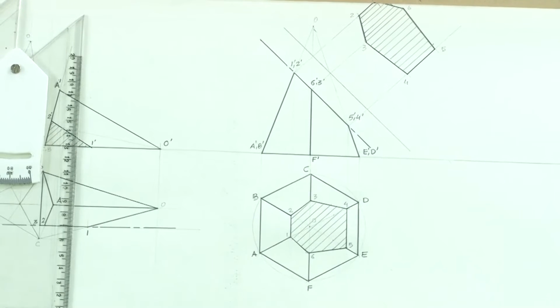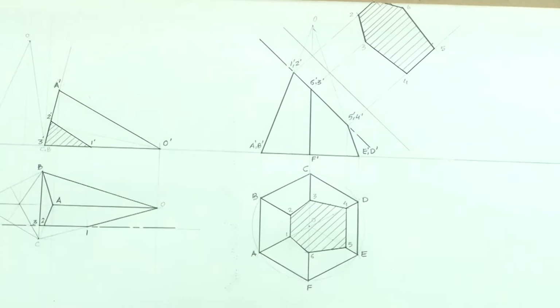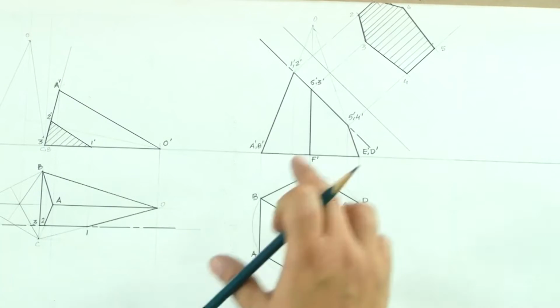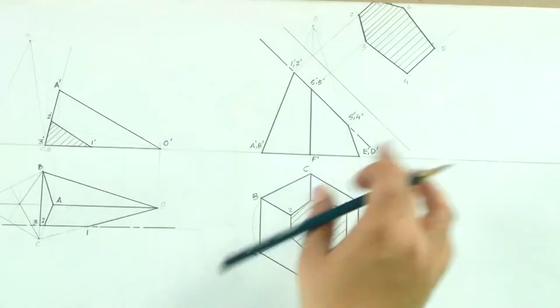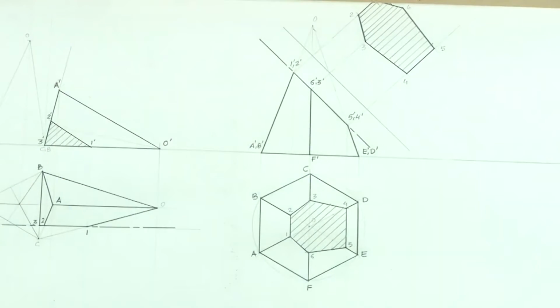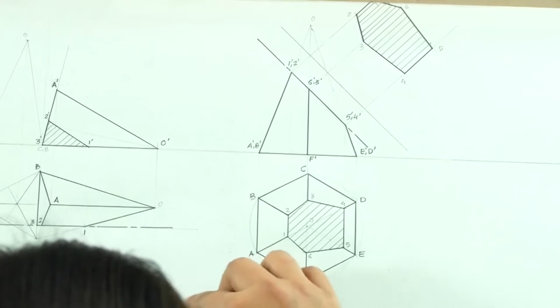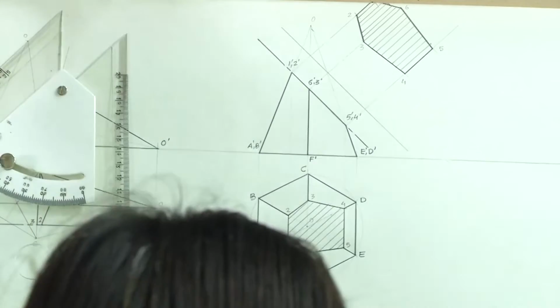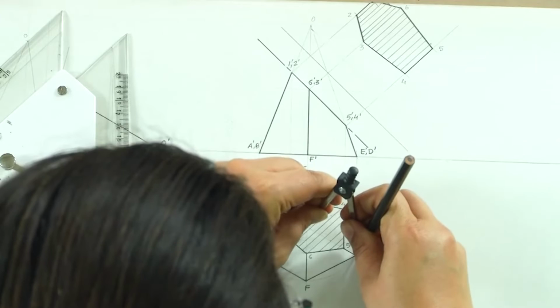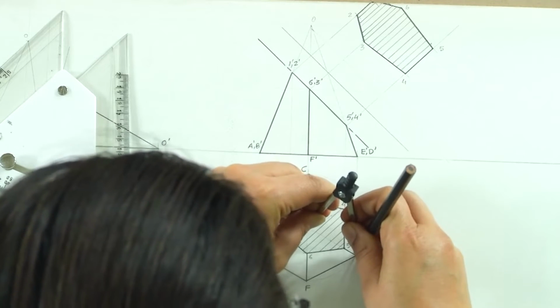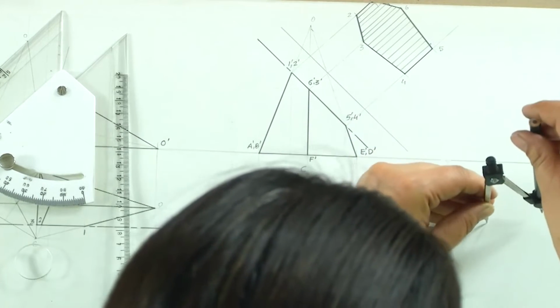So taking any one of the examples, say the same hexagonal pyramid, let us draw the section when the section plane is going to be inclined to VP. So I will quickly draw the same pyramid, and let us see how we arrive at the section for the given pyramid.